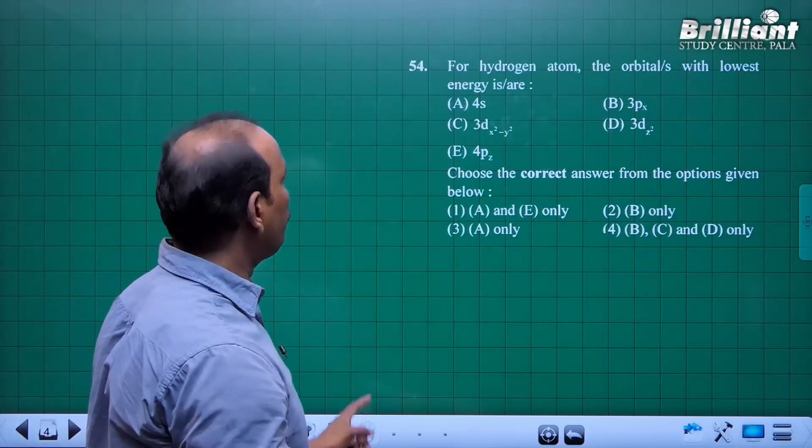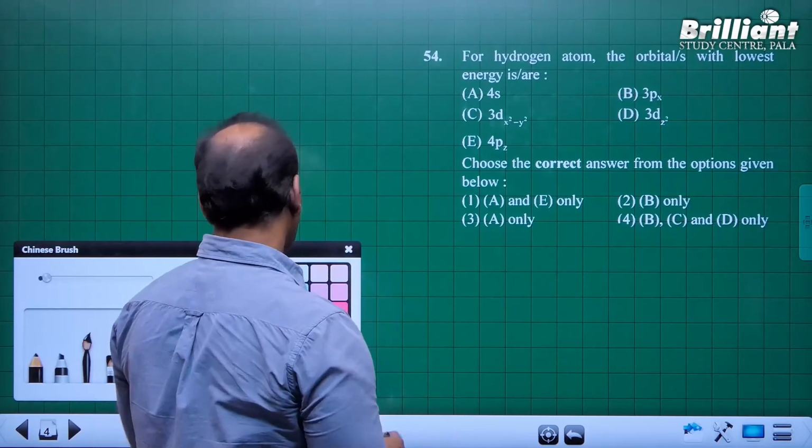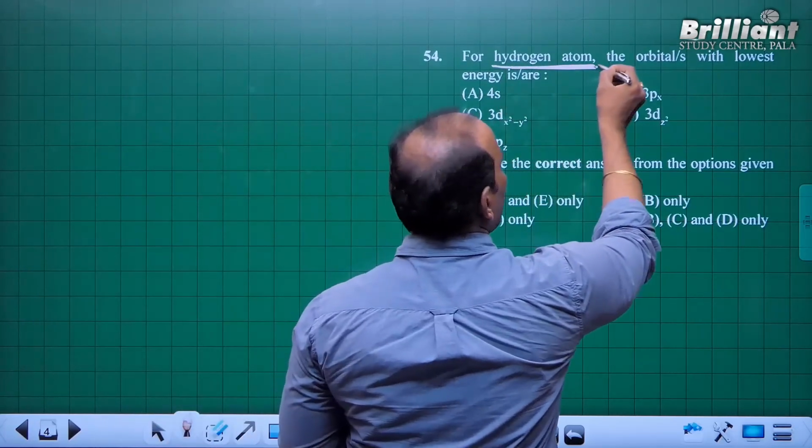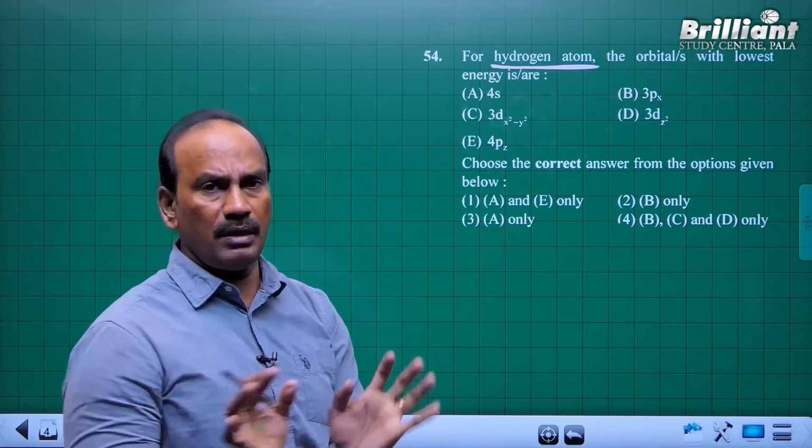Now, for a hydrogen atom, these are very regular and routine questions in our JEE Main. Hydrogen atom, uni-electron system, multi-electron system.